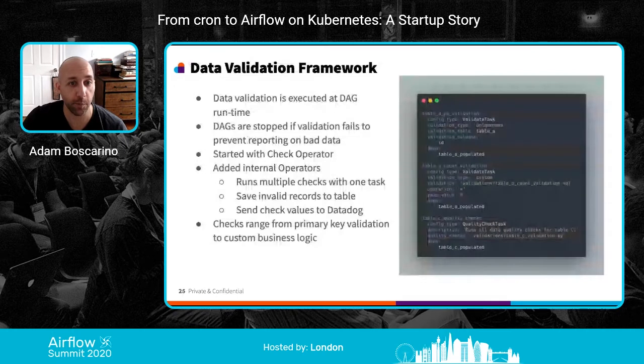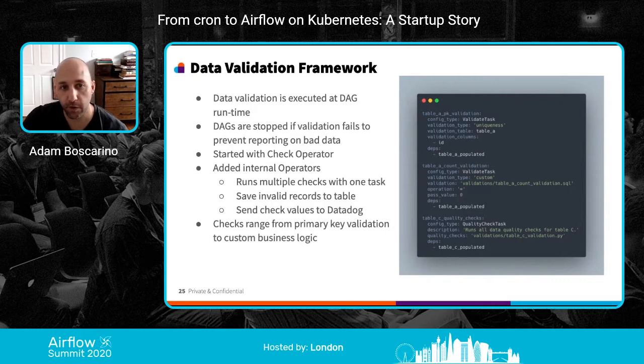So for this, we developed a data validation framework. And these are tasks that are executed at the DAG runtime, and they can stop a DAG with data issues from being loaded into our reporting schema. So the second there's a failure, it alerts and the DAG stops.